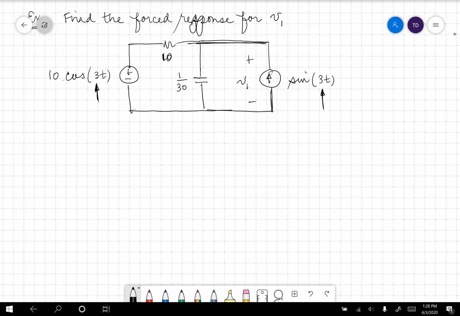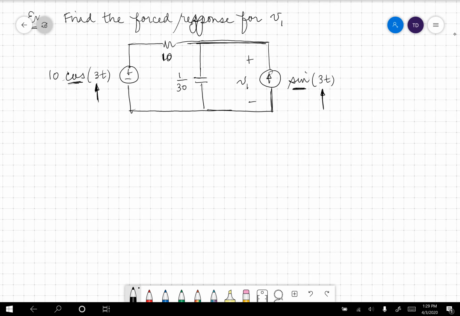Same frequency. They must be the same frequency. So they are. But the problem is, one is a cosine, one is a sine. What reference do you want to use? Sine reference or cosine reference? Cosine. Cosine is what's typically used.